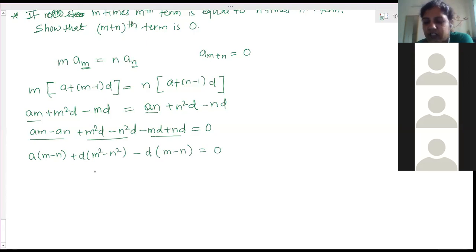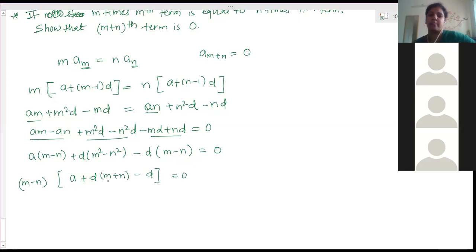Now which term can you take out common from all of them? m minus n is common. So what is left in the bracket? a plus d times (m plus n), minus d, is equal to 0. Now this into (m minus n) is there, so this will go to the RHS, and what will it become?